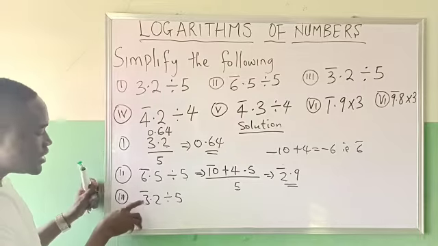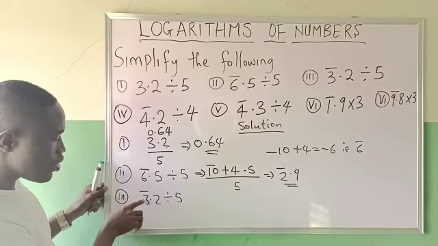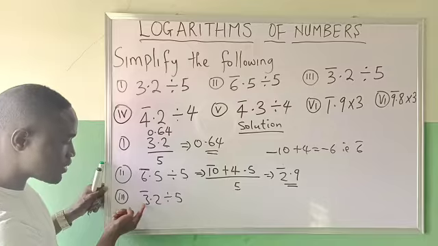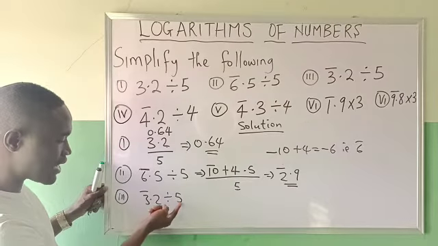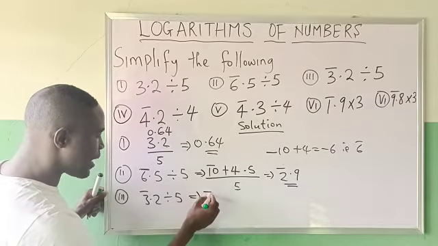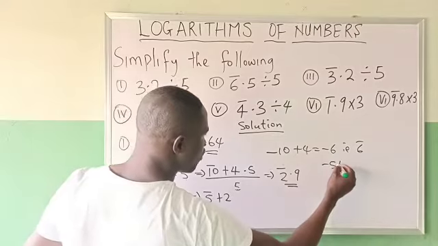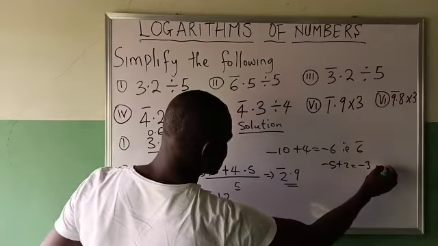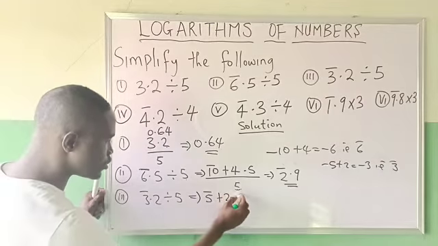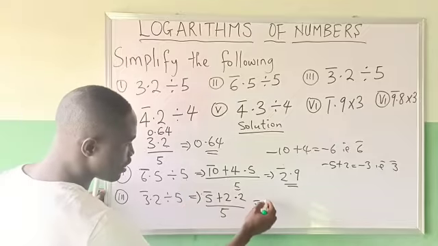So this 3 will take it to this divisor, because the next number that 5 can divide, starting from 3 to move up, is 5. So you now say bar 5 plus 2. That means minus 5 plus 2, that is minus 3, that is bar 3. I will now say bar 5 plus 2, then 0.2, all over 5. 5 divided by 5 will give me bar 1.